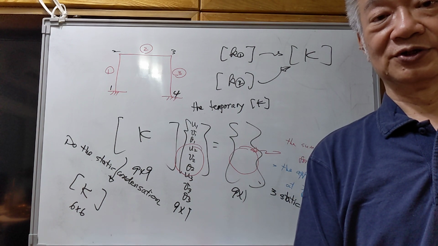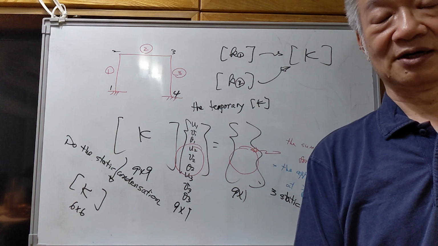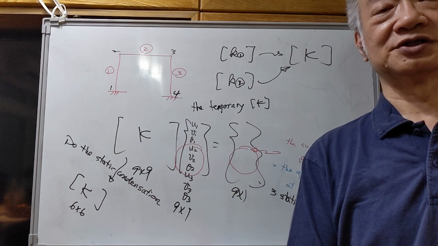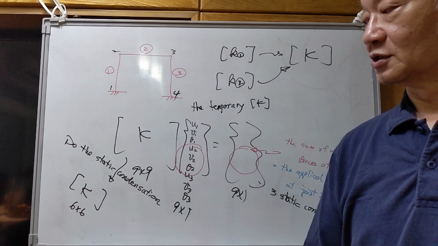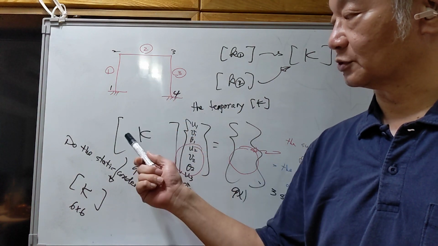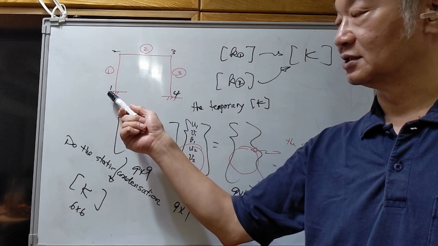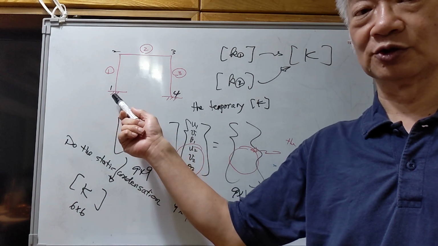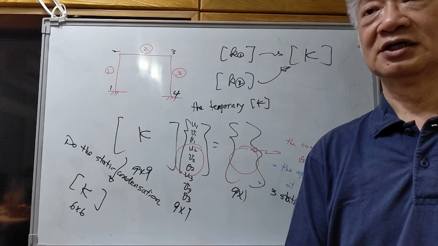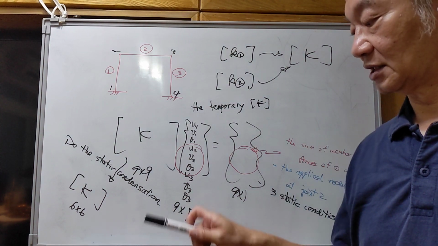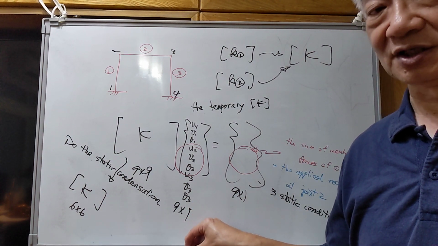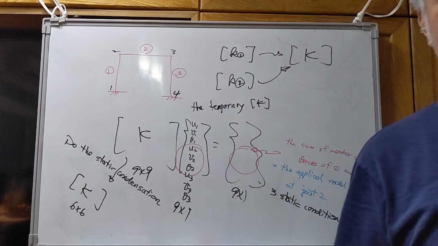Although they are not based on static condensation, we can eliminate them. So if you consider the boundary conditions right now, you can even eliminate the 3 degrees of freedom for nodal point 1. Okay, so that's what we can do right now. So I will take a break here.